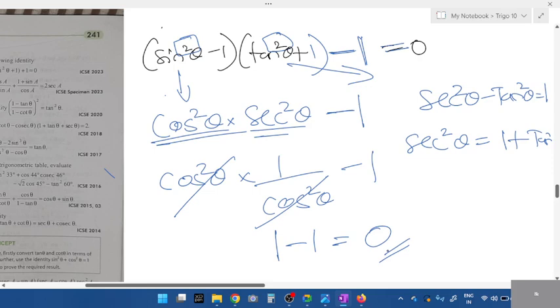Convert it, change it. Okay. Complete even this. Sec square, sine square plus 1 or minus 1. What is it given?